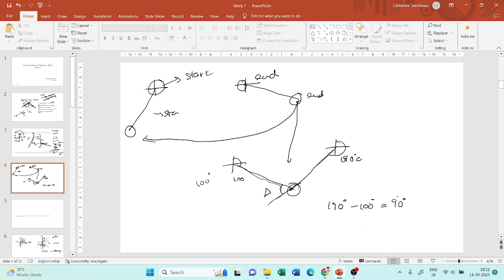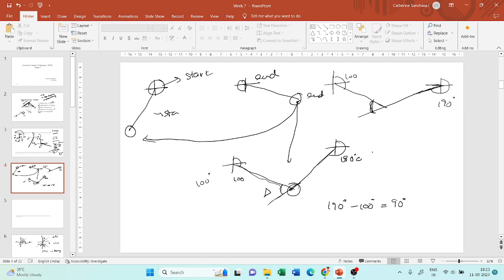So how did you get this? Just by geometry. First we will draw two lines. So this is at 100 degrees and this is at 190 degrees. You've been asked to find out this angle, right?